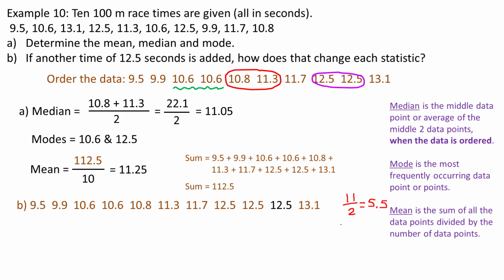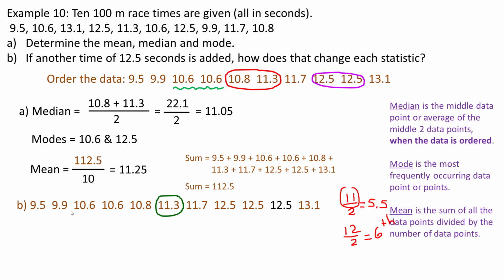If there's an odd number, increase that by 1 and divide by 2, and the sixth one is the middle one. See, that's the sixth one.